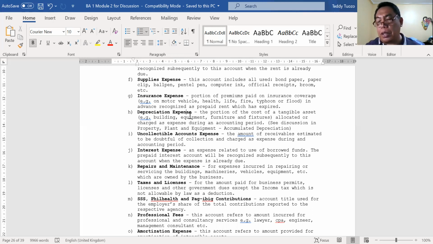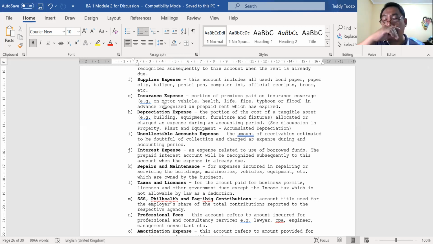Remember what these depreciable assets are: assets like land improvements, buildings, machineries, equipment, furnitures and fixtures, tools, etc. Basically, those property and equipment assets, except of course land.